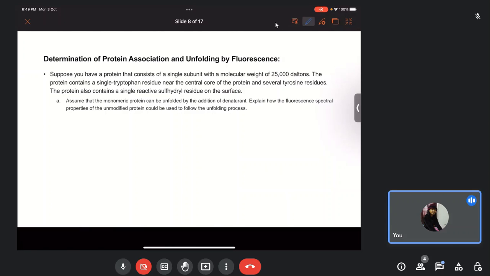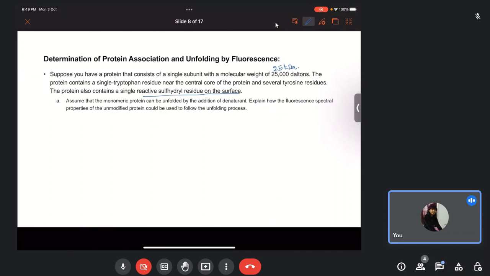Yeah. These are a couple of instances where we can use fluorescence to study different real problems. So here we have been given a protein that consists of a single subunit, and it has a molecular weight of 25,000 daltons, which is 25 kilodaltons. The protein contains a single tryptophan residue near the central core of the protein and several tyrosine residues, and the protein contains a single reactive sulfhydryl residue on the surface.